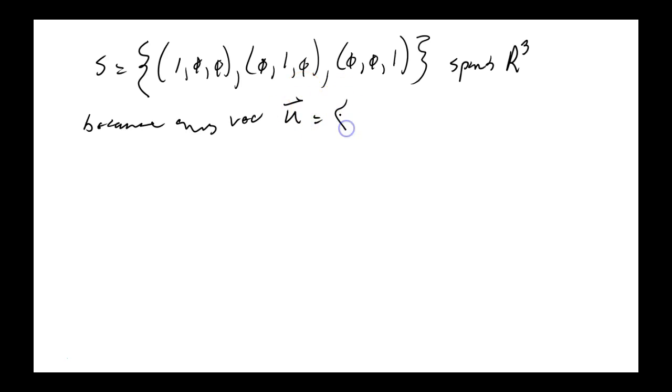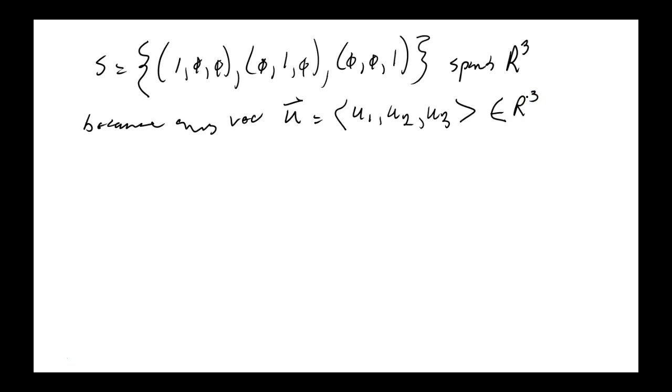And this vector, I'm going to write it in vector notation. I won't be consistent with it. u1, u2, u3 are the three components of that vector u, and this is in R3.